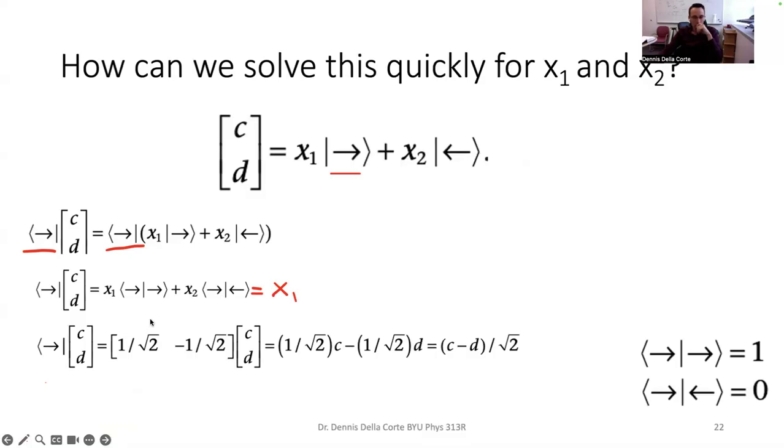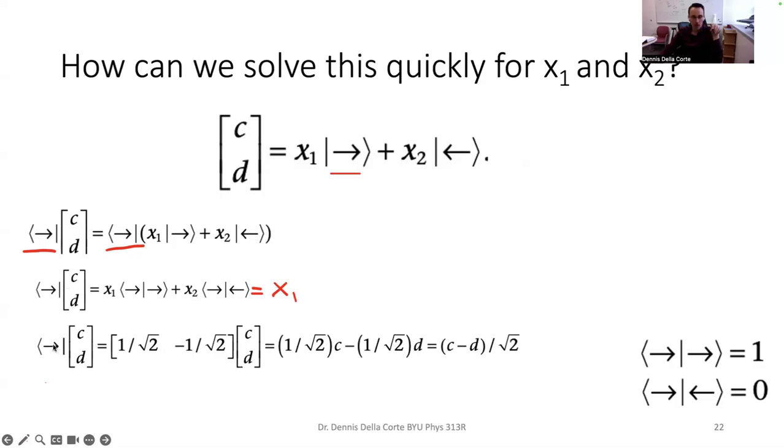Now, if we remember what the definition of the right vector was, this was 1 over square root of 2, minus 1 over square root of 2, we can also just multiply this out and see what happens.